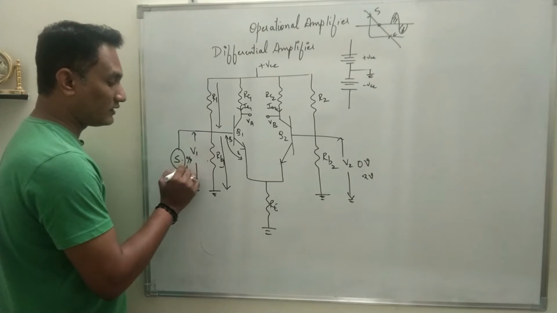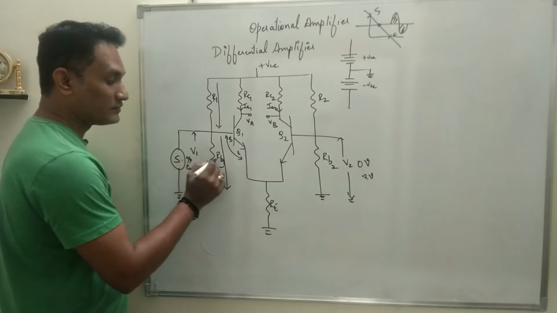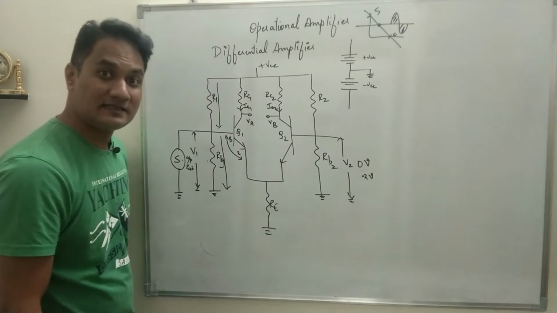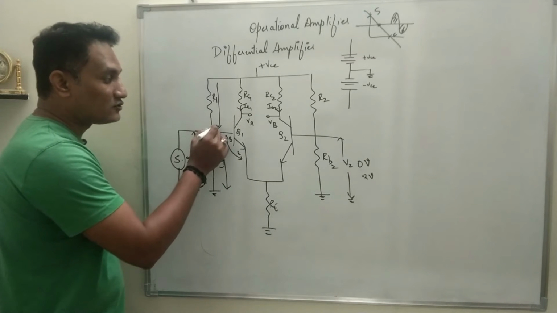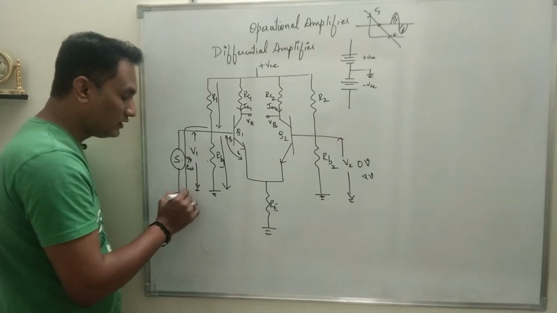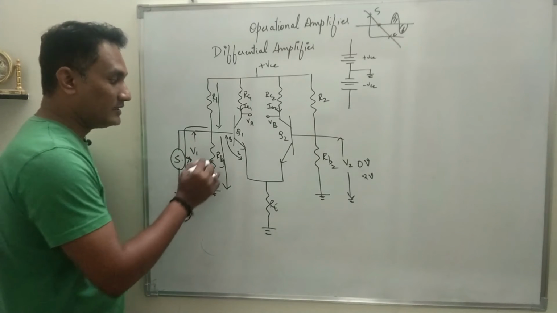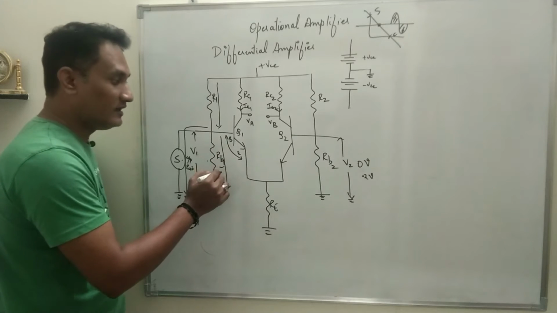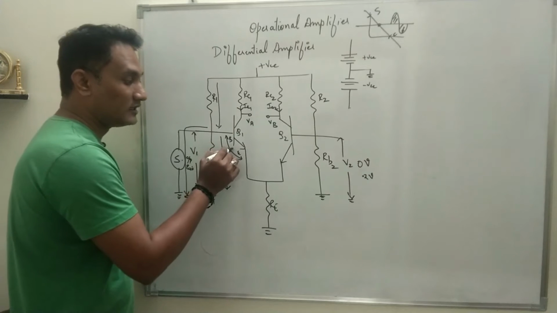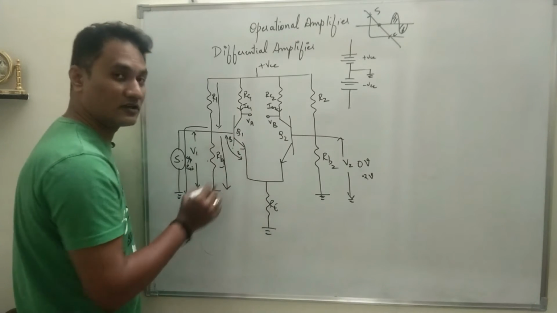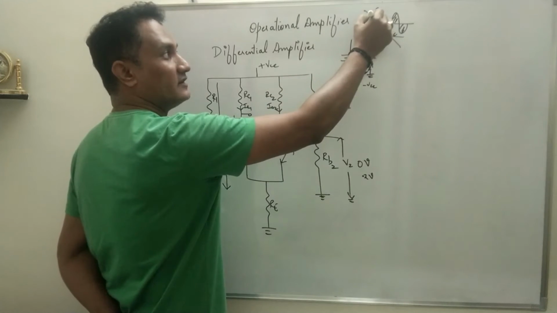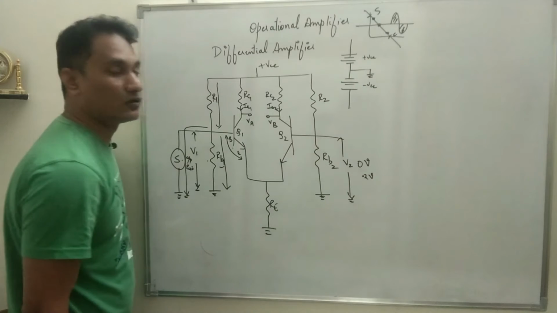the output resistance of the source comes in parallel with the biasing resistance, and you know current always takes the least resistance path. So the current which has to flow through RB1 has a low resistance path through the source to go to the ground. That means current through RB1 will decrease, which will decrease the voltage across RB1, which will decrease the biasing voltage of the base emitter junction of Q1. So the biasing potential of Q1 will change, either going towards saturation or towards cutoff.